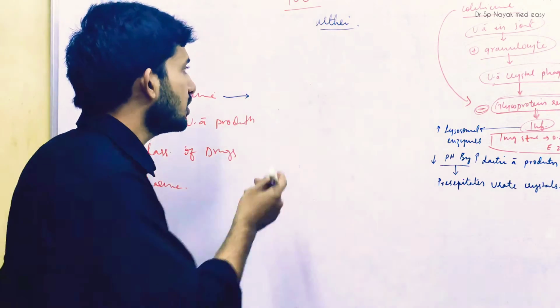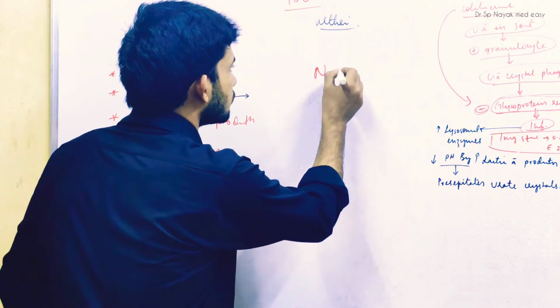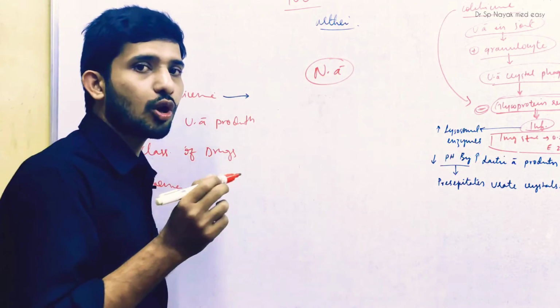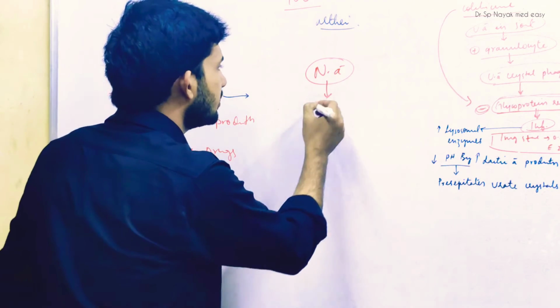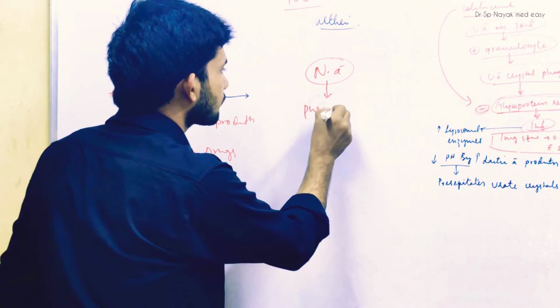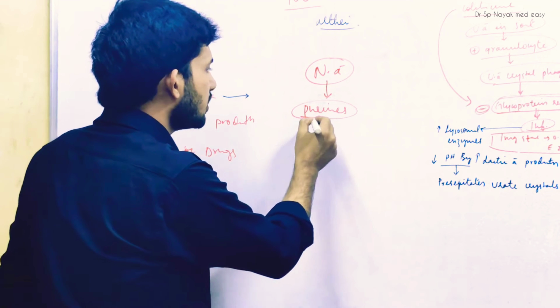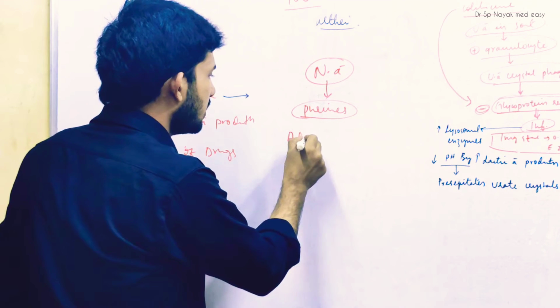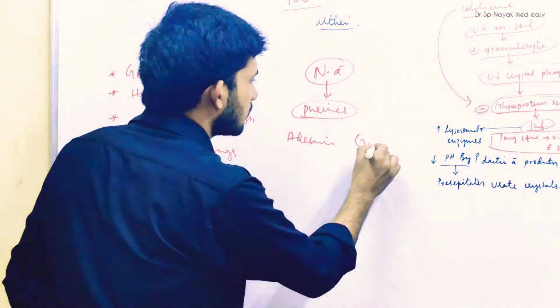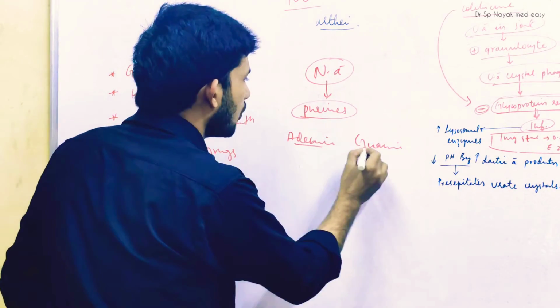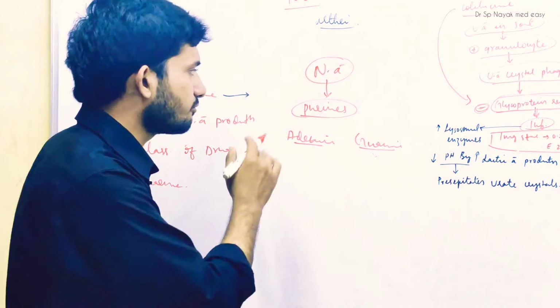But we have nucleic acids also. So nucleic acids are the basic components of the nucleus, DNA and RNA, and in this nucleic acid we have purines. So purines have adenine and guanine. So adenine and guanine are the main constituents of purines.